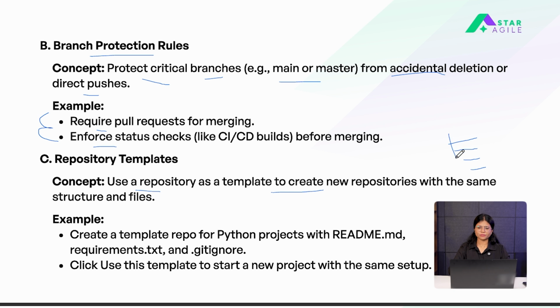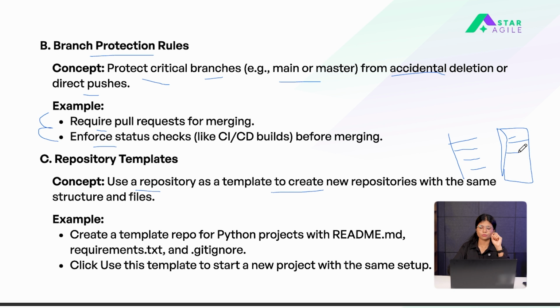You want to follow the same process for the next one. Let's say you're creating a project and you want to structure your project the same way, file-wise or whatever it is.